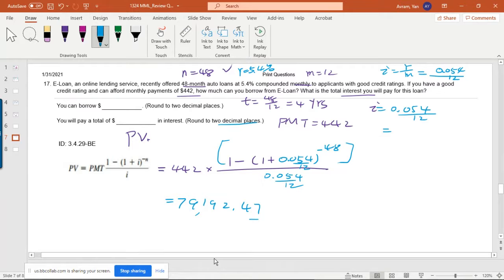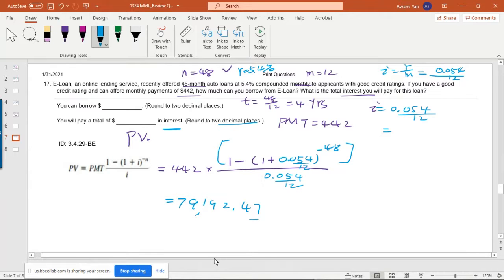And how much will you pay in the interest? So this is how much you can borrow, right?